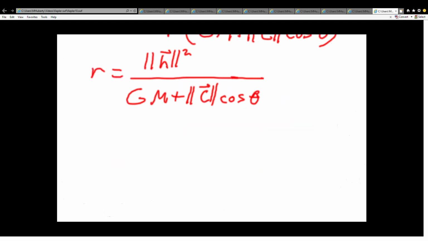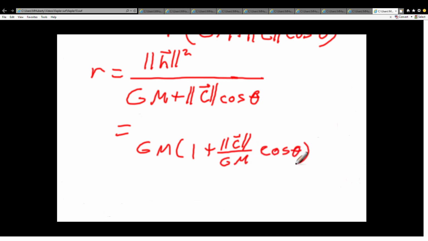I'm going to take that and do a little bit of a rewrite again. We're going to factor a GM out of the denominator, so it reads 1 plus the magnitude of c over GM times the cosine of theta. A little odd, I know.